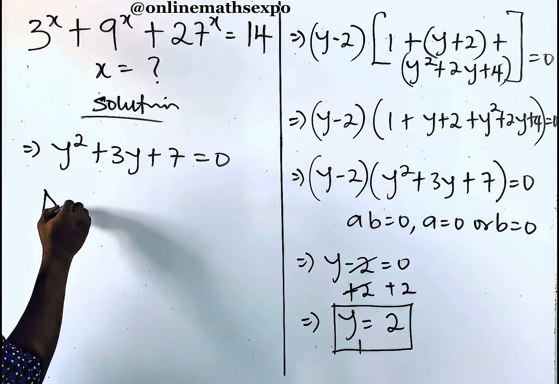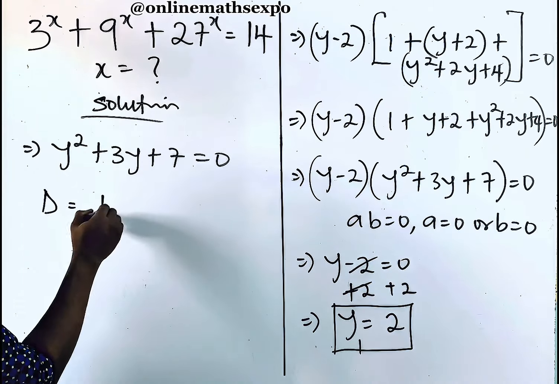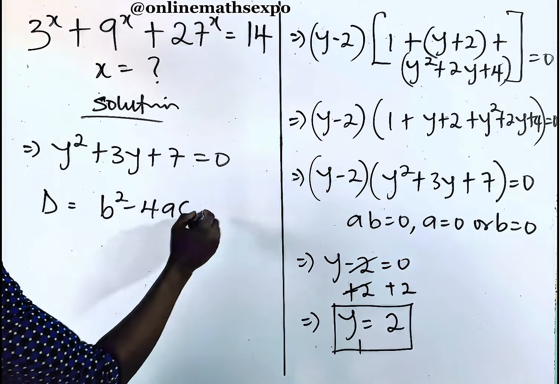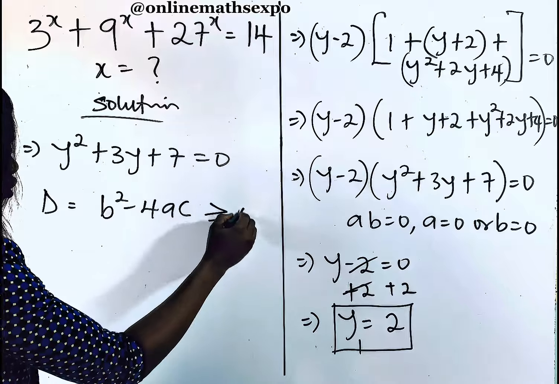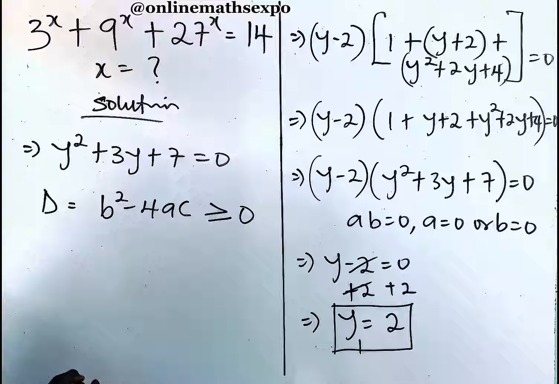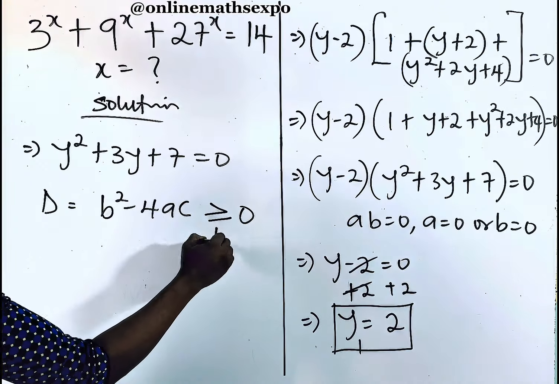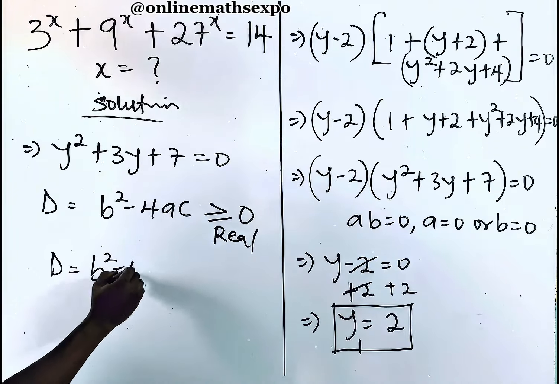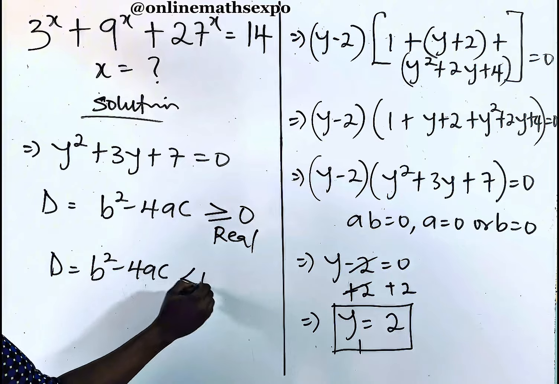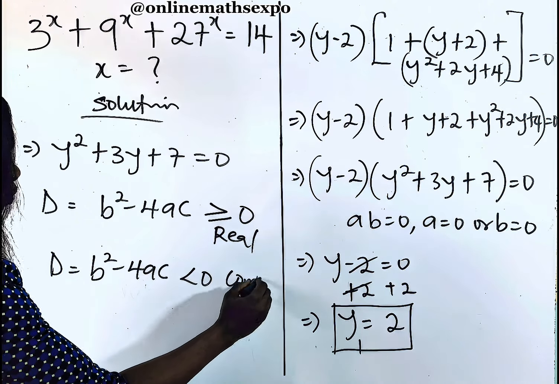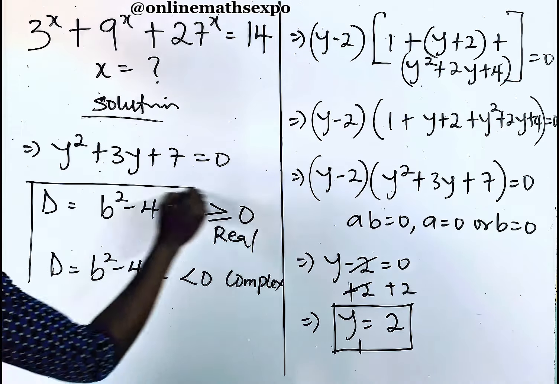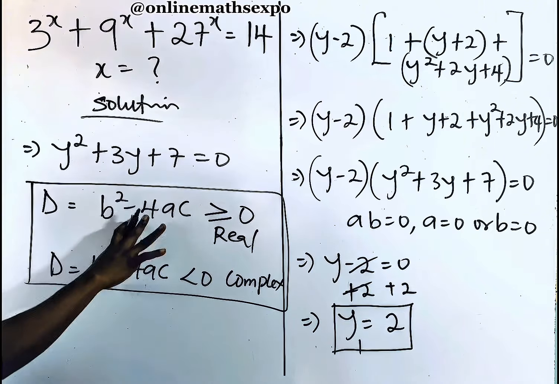To check for the discriminant, we know that our D is b squared minus 4ac. And if this is greater than or equal to 0, it means we are going to accept, that is real. And if our D, b squared minus 4ac, is less than 0, it is complex, and we are going to reject it. So let's test this in this statement.